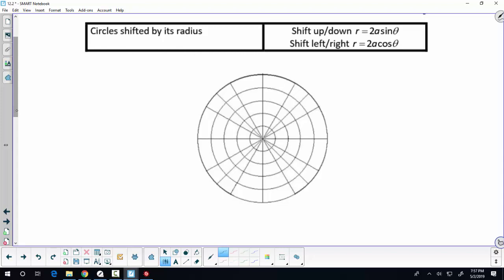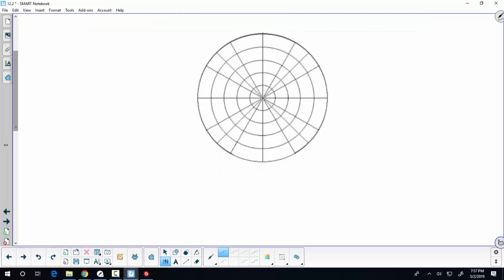Let's look at an example of that. So let's take, for example, r is equal to 8 sine theta.